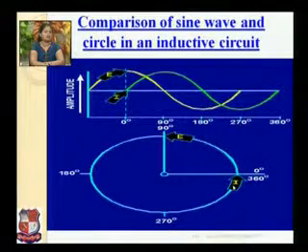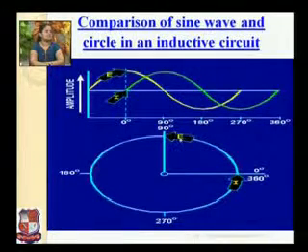Now for this current vector having 0 value at 0 reference, here it is 0 value at 0 reference, and then goes increasing, then decreasing back to 0. Same way over here it will increase up to 90 degree, then again decrease, come to 0, negative direction, come to 0.